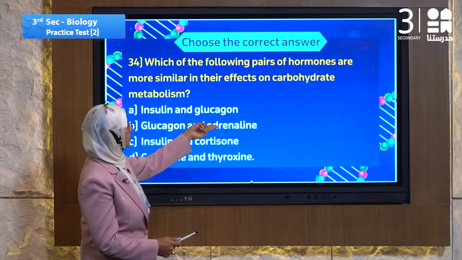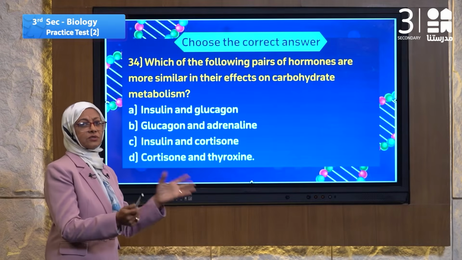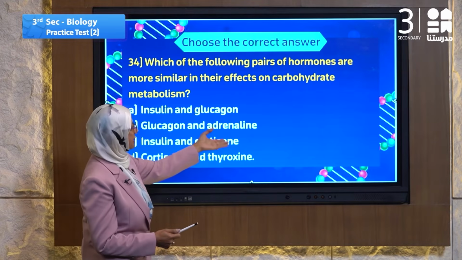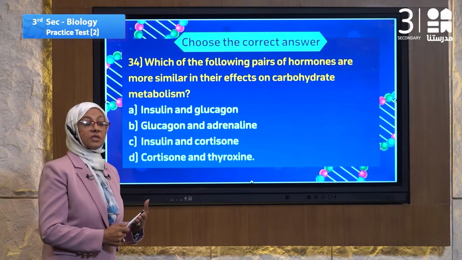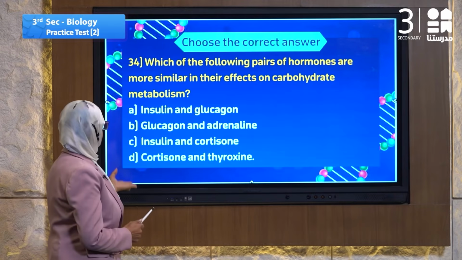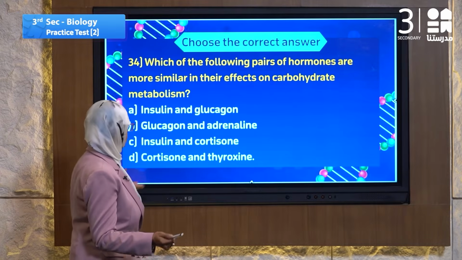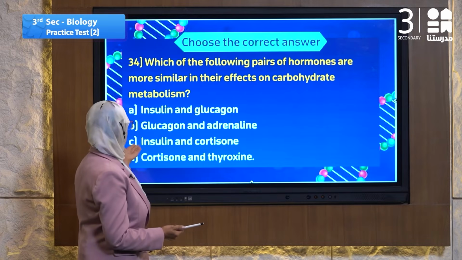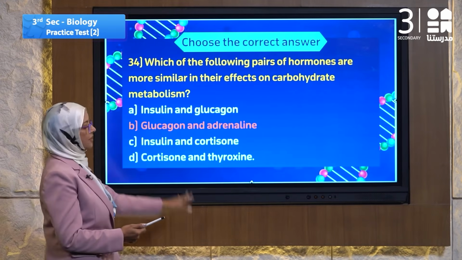Insulin and glucagon: glucagon has the opposite effect of insulin. Glucagon and adrenaline: adrenaline is the fear hormone, which has the same effect as glucagon. Insulin and cortisone, no. Cortisone and thyroxine, no. The answer is B, glucagon and adrenaline.